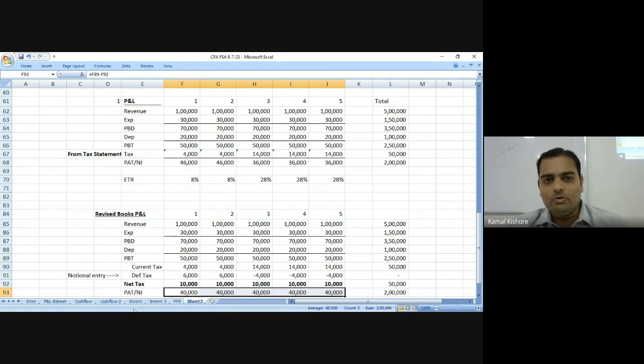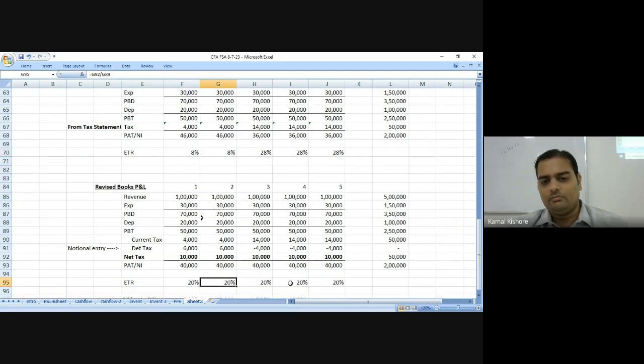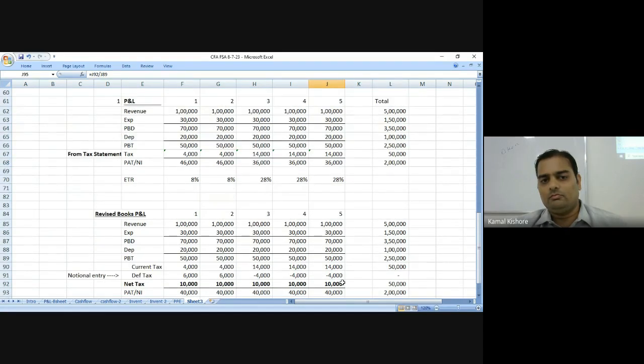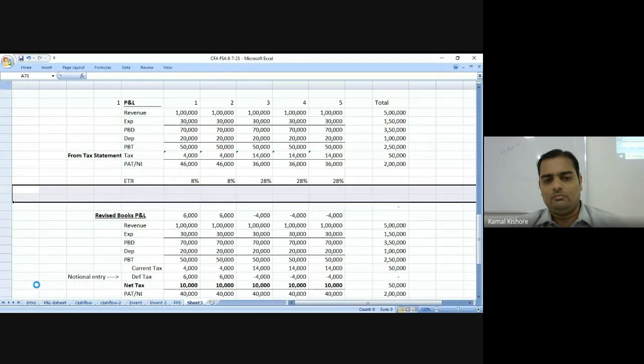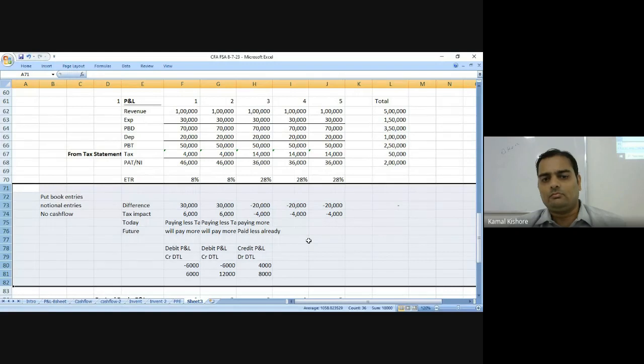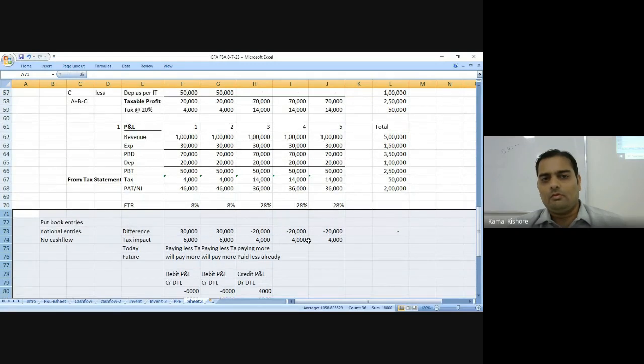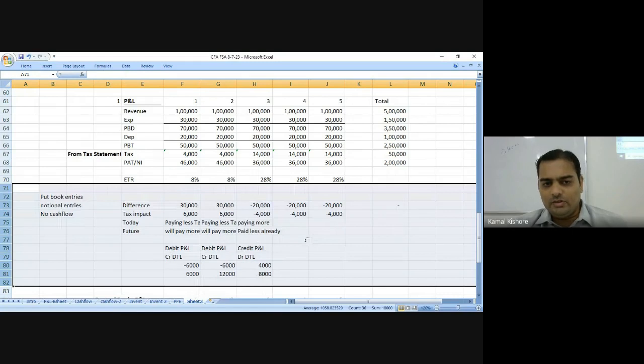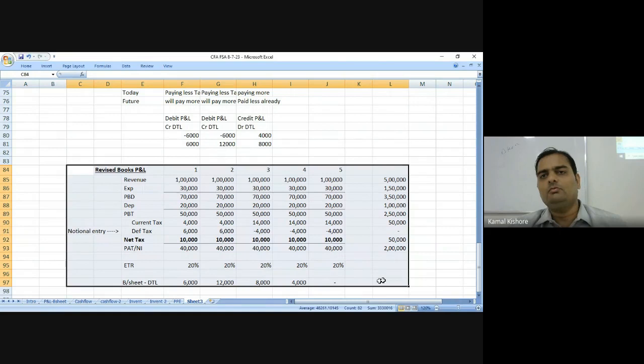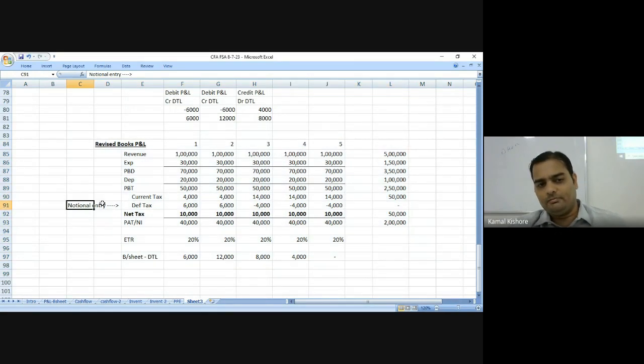It is not that I want to show equal profits every year. It is not about that. It is about addressing this anomaly. Now your ETR is what? Are we getting this? Without this adjustment, my P&L would have looked like this. But with this adjustment, my P&L is like this. This is a notional entry.